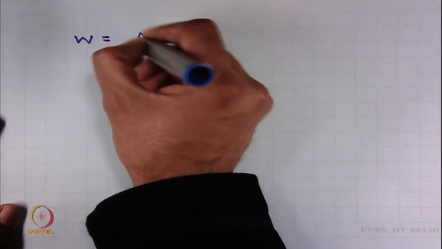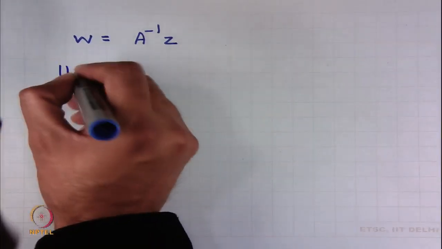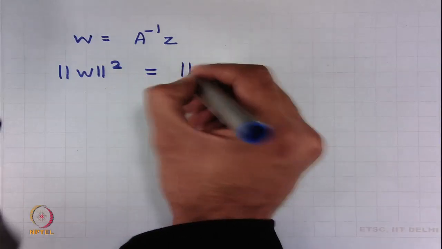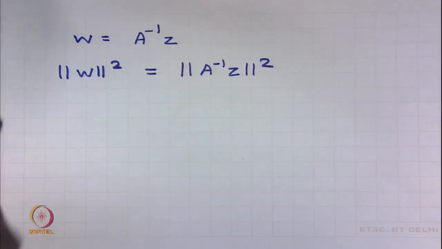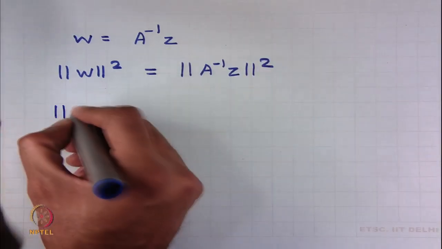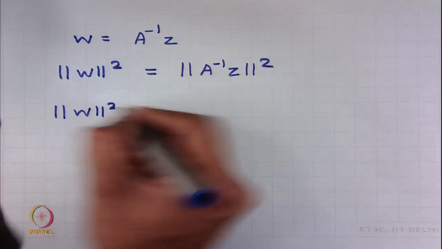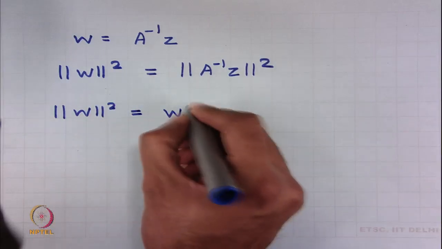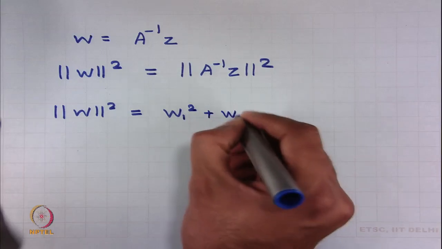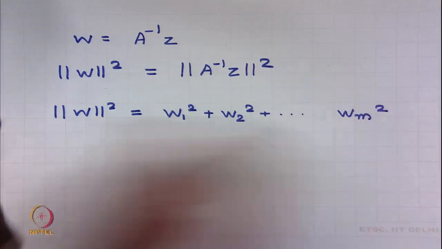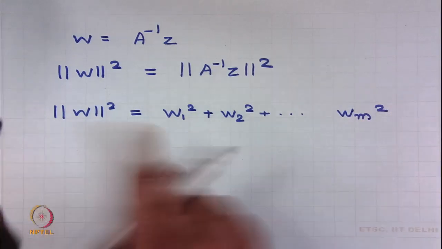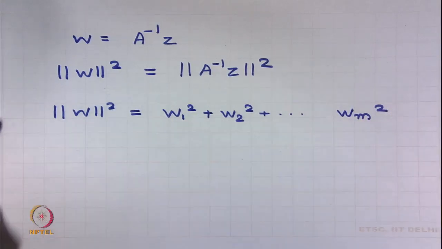Okay. So, if I know that W is A inverse times Z, we had norm of W square, and norm of W square would be the same thing as this. Okay. Now, what is this norm of W square? We have already seen that this is nothing but W1 square plus W2 square up to Wm square, and all these W's are small w's. Okay.